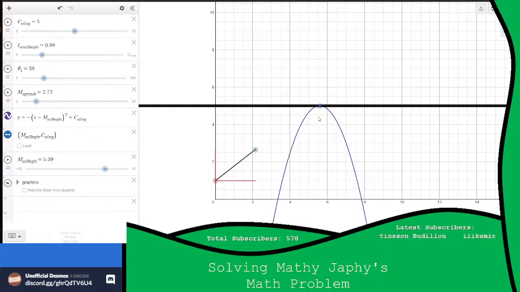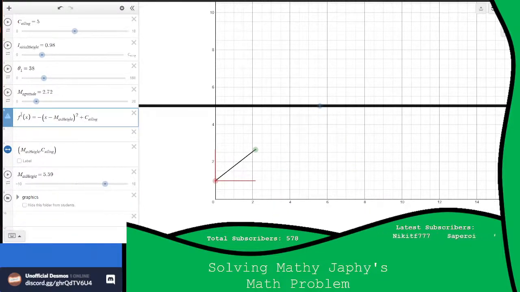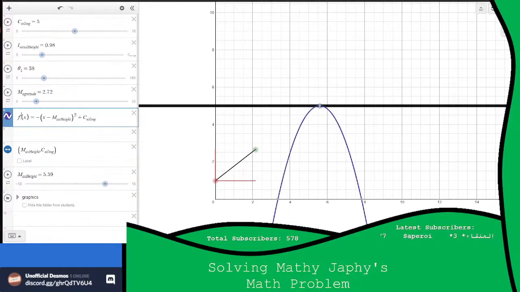Okay. But we cannot change the velocity. Now, velocity is, let's call this f of x. Let's call this trajectory. That's a trajectory.